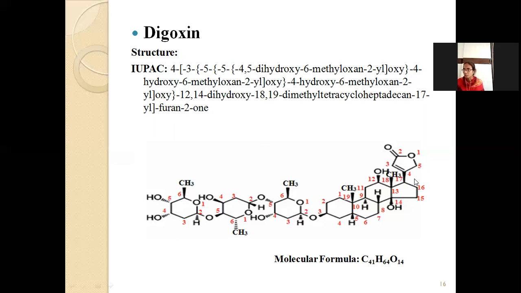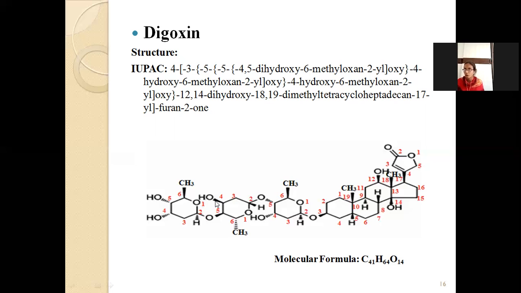See here 4, 3, again here 5, 5. Here 4,5-dihydroxy. Dihydroxy means two hydroxy groups are there. So it is dihydroxy-6-methyl, and this is the structure of oxane. Here in the second position it is getting attached to another structure, so it is 2-yl, and here one oxygen is there, so it is oxy, and again in the fourth position a hydroxy is there.